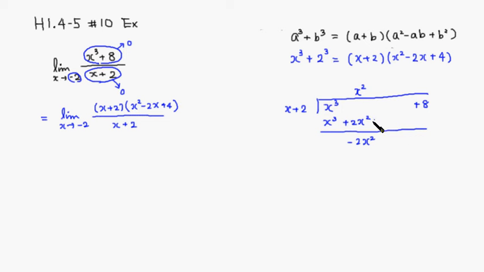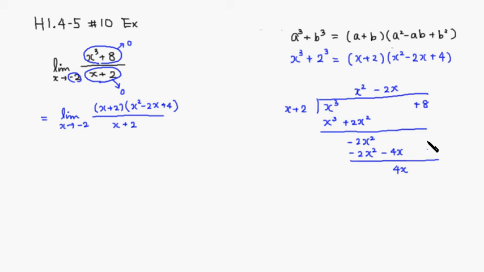Nothing left of x cubed, but then you have to ask yourself, how many x's can we squeeze into negative 2x squared? It's going to be negative 2x. So negative 2x times x is negative 2x squared, and negative 2x times 2 would be negative 4x. Do a subtraction: 0 minus that is 4x.